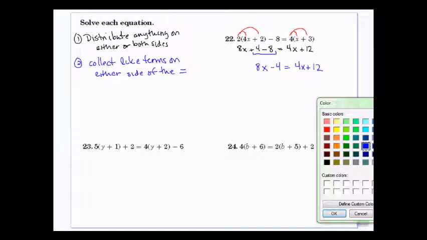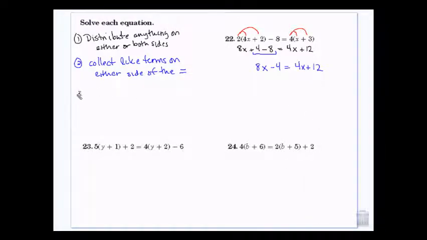My next step is going to be to add or subtract any variable.